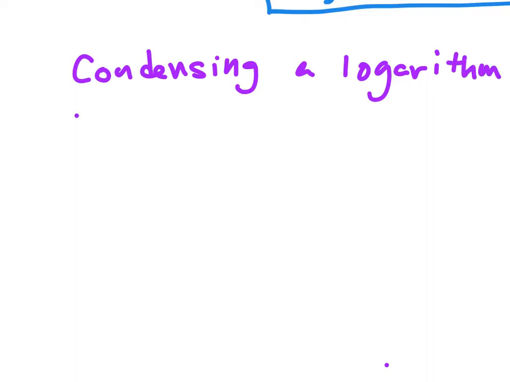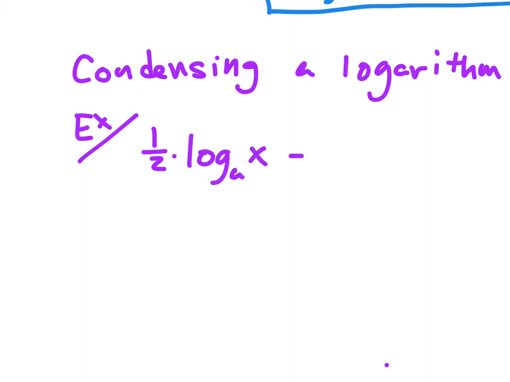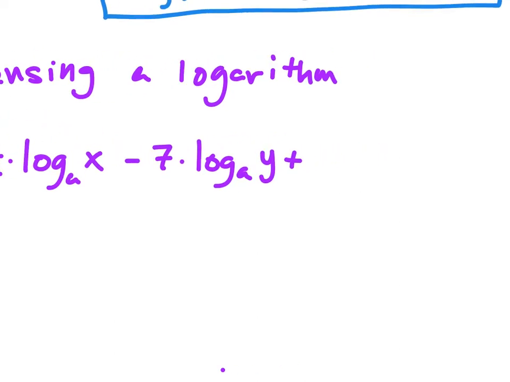Okay, so let's look at this example here. Let's just do, say, 1/2 times log base a of x minus 7 times log base a of y, and then plus log base a of z.